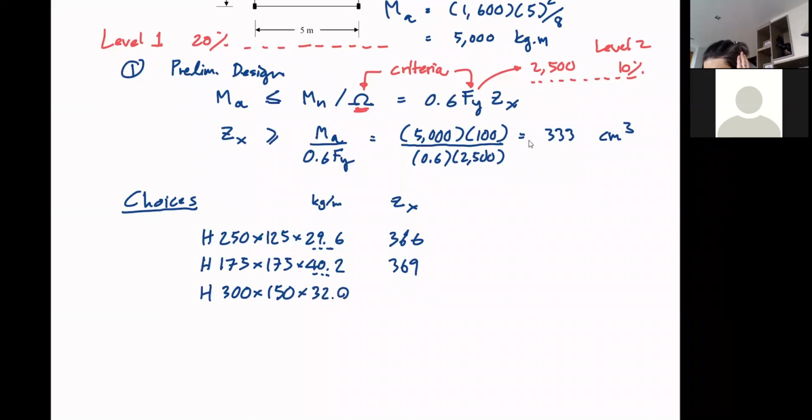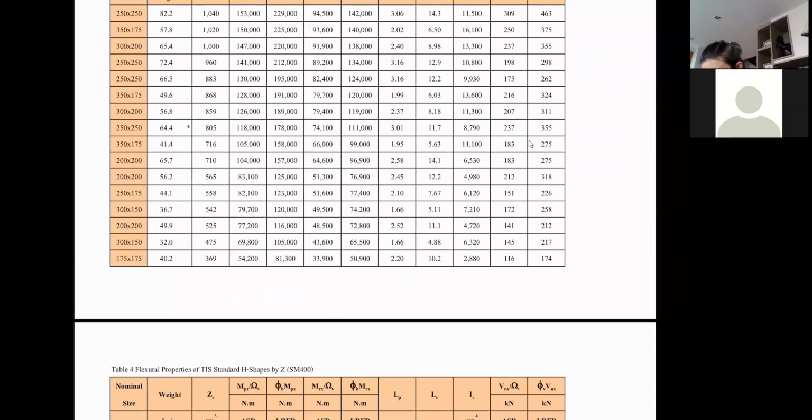So compare this. It weighs slightly more than this, but it weighs a lot less than 175 by 175. Okay, here is 475 for the plastic section modulus. Okay, let's throw in two more for our consideration. It's 200 by 200 and 300 by 150.